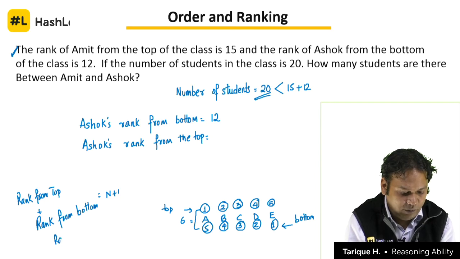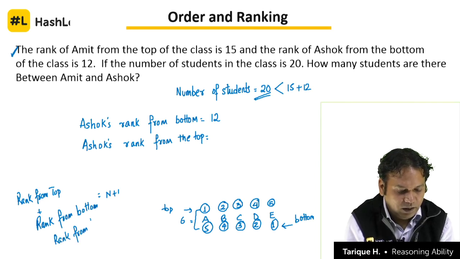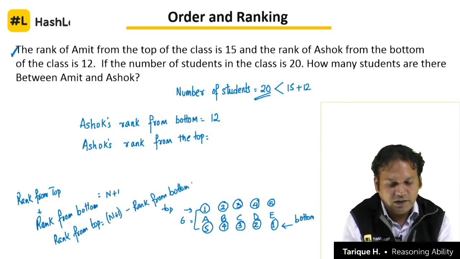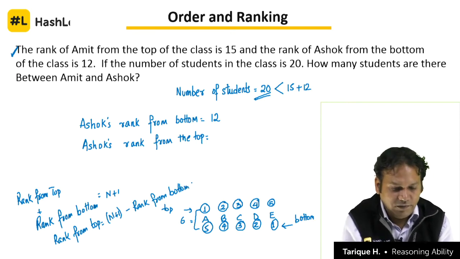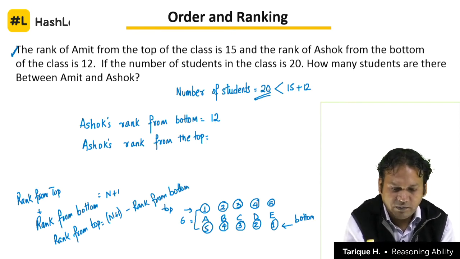I can say rank from top is equal to n plus 1 minus rank from bottom. This is what we can definitely say. So, here we know rank from bottom is 12, number of students 20. So, rank from top is 20 plus 1, 21 minus 12.